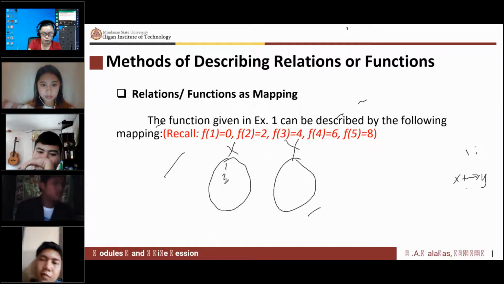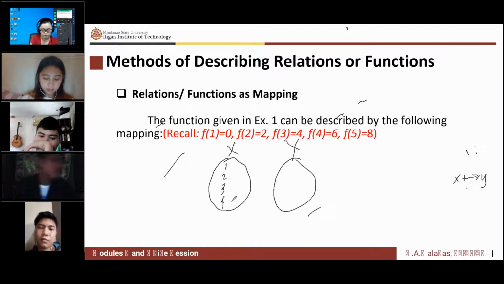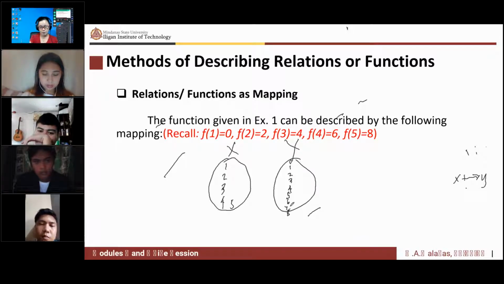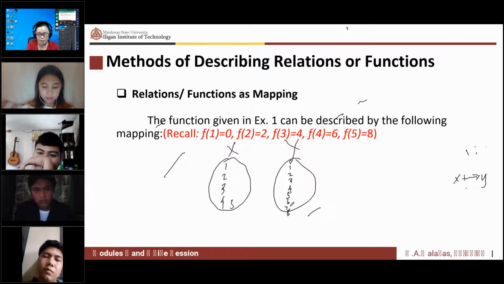So 1, 2, 3, 4, 5. And then we have 0 to 8 here, 0 and 9, 1, 2, 3, 4, 5, 6, 7, 8. So imagine those elements inside the set.